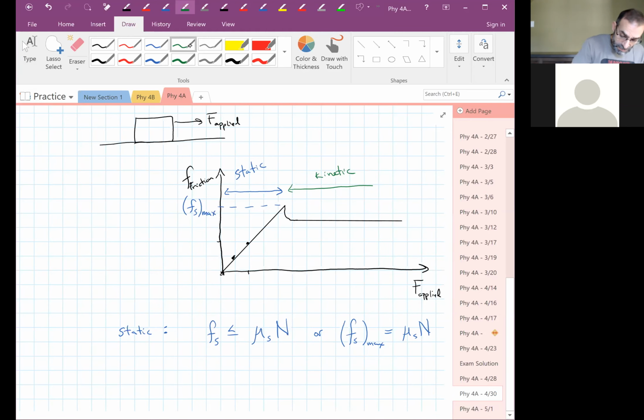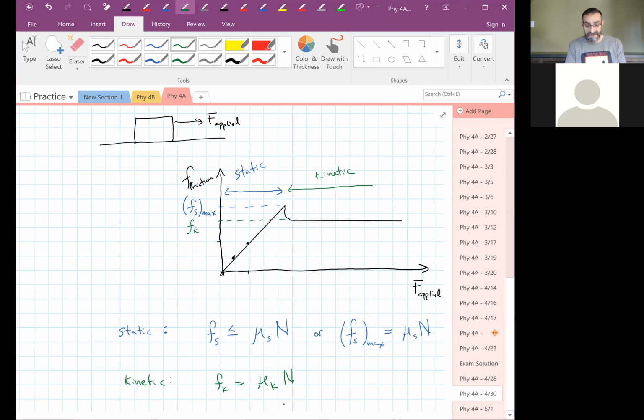So if we draw this one back to our axis, we could call that F kinetic friction force. And that's equal to some coefficient, mu, times the normal force. But the coefficient is different. You can see that it's going to be a little smaller, right?